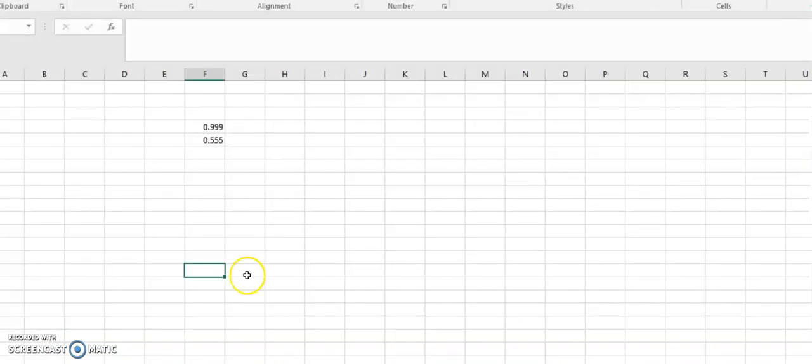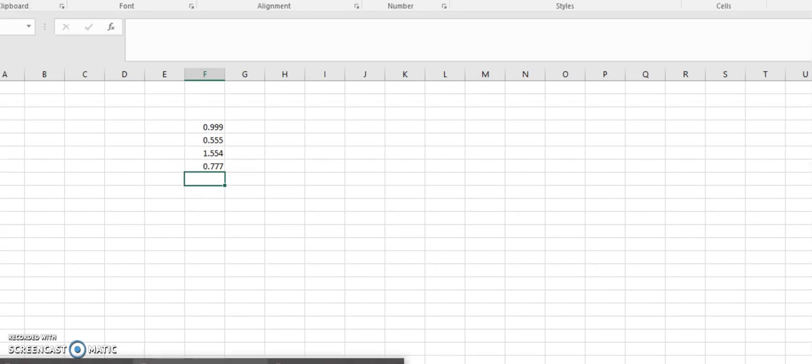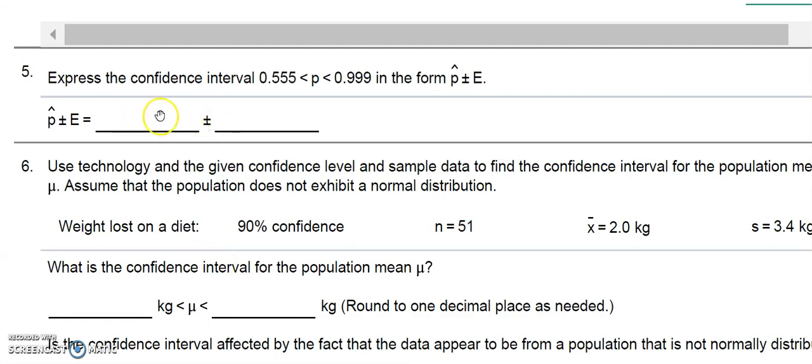So let's do that. 0.999, 0.555, add these two. So that's their sum, and that's equal to 2 p hat. So just take half of that, and 0.777 is the value of p hat. So it goes right there.